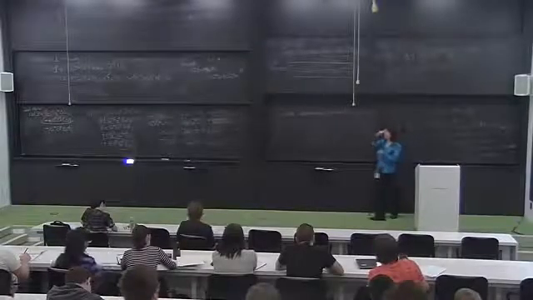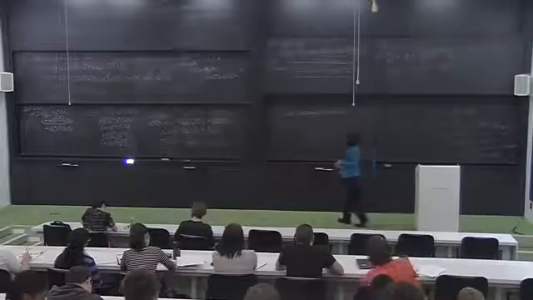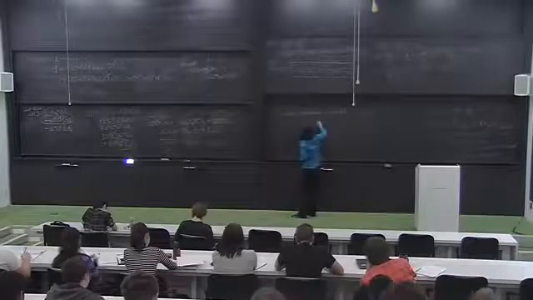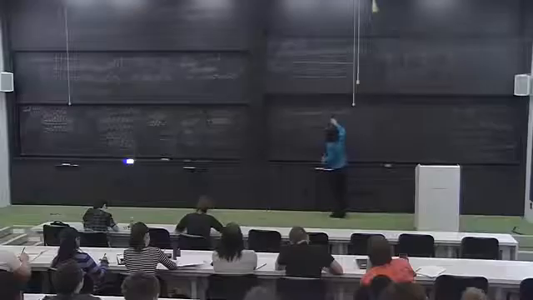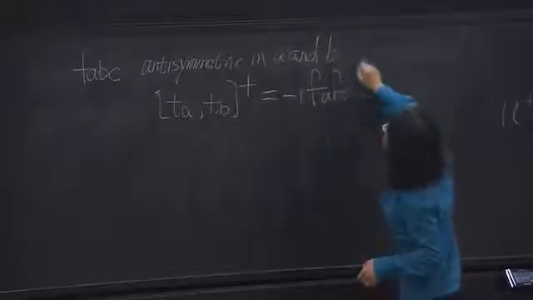Let's try to be more insightful by taking this definition and taking the dagger of it. Well, we're talking about unitary matrices, so we can always take the dagger of something.